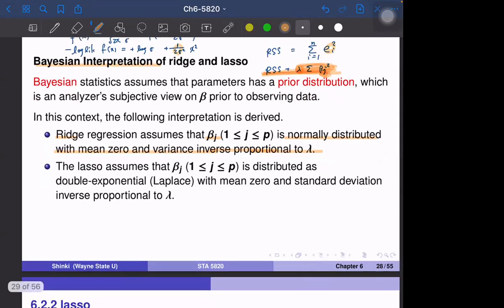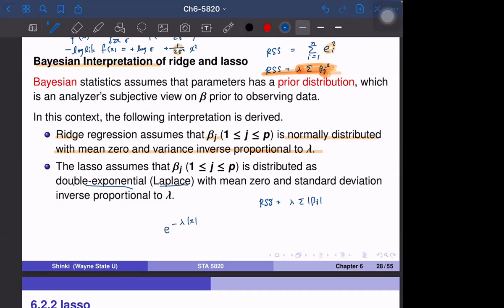And how about Lasso? Lasso has the loss function of RSS plus lambda times the sum of the absolute values of beta j. Which distribution does this correspond to? Actually, that is the Laplace distribution, or double exponential distribution, which is proportional to e to the power of negative lambda times the absolute value of x.